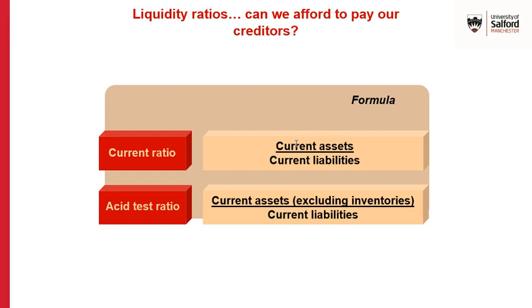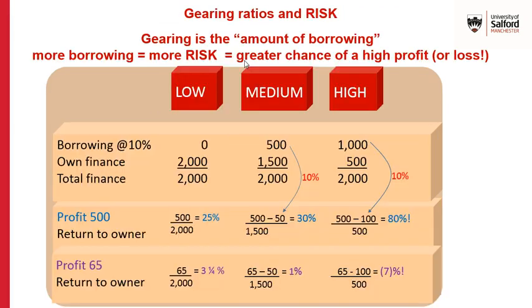And similarly, if our debtors are not paying us, then the debtors figure is going to go up equally. We can look at these and we can start to say things about the business. Now, in your seminar, that is exactly what you're going to be doing, so do remember to attend the seminars.